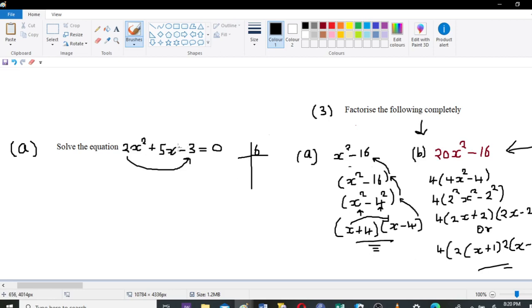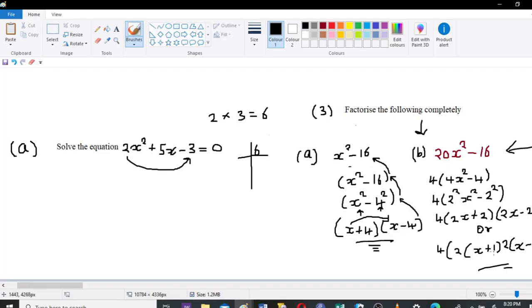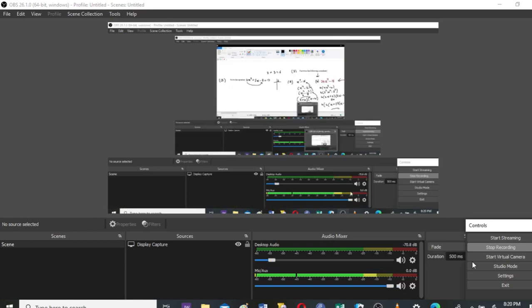Okay, remember, this 6 is the product of 2 times 3, right? Okay, this is what is giving me 6. Okay, I'm getting 6, isn't it? So after getting that 6, now check out this one here. Okay, check this.